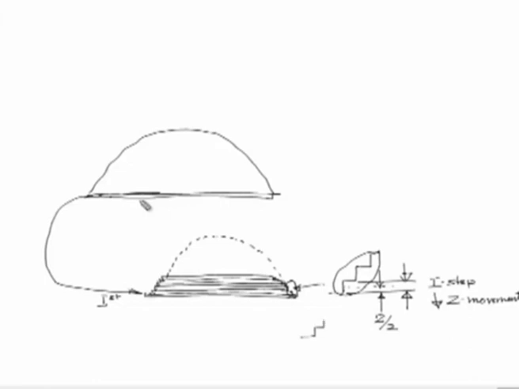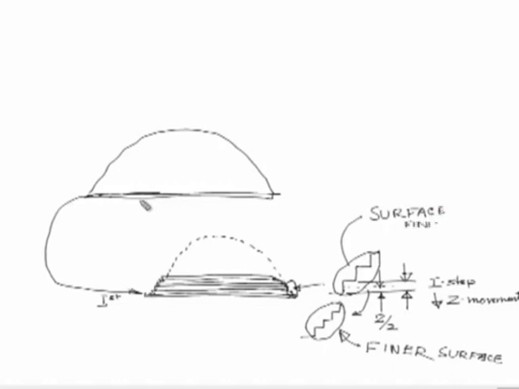This will result in a much finer surface finish than this one, which is poorer. Say this is Ra 1 and this is Ra 2, which is poorer than Ra 1.